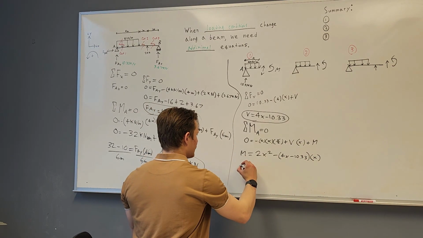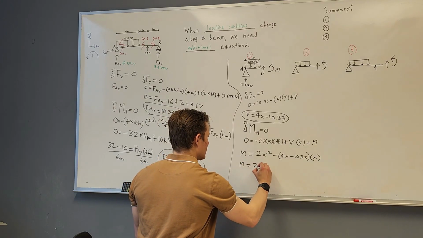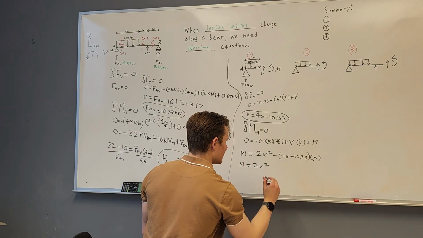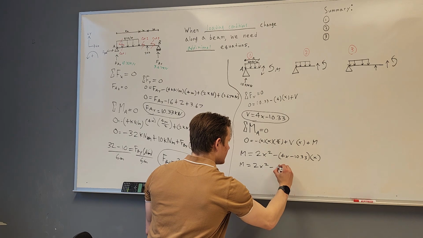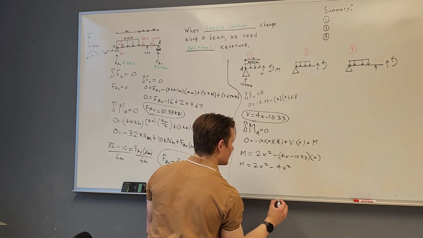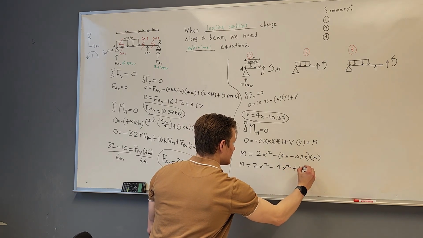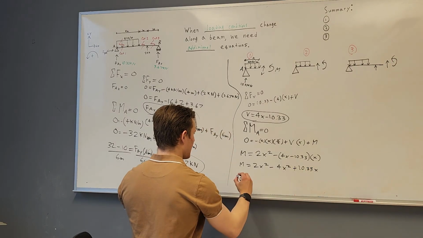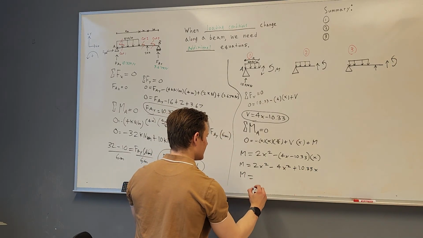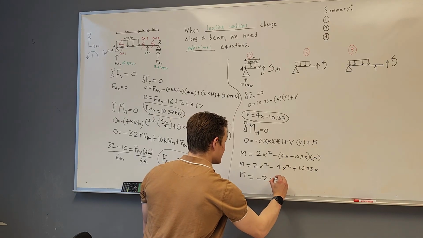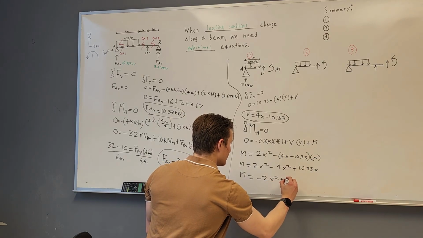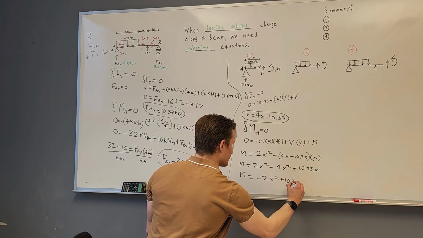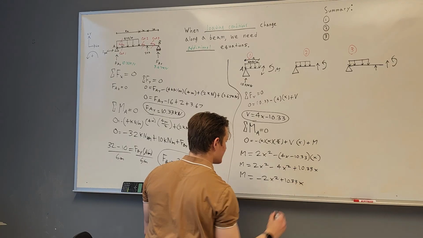And then simplifying this, 2x squared take away 4x squared plus 10.33x. And then finally we get moment is equal to negative 2x squared plus 10.33x.